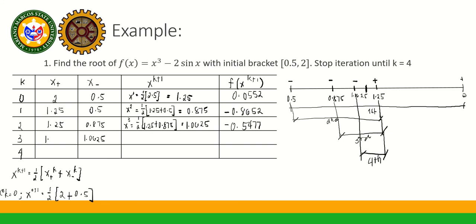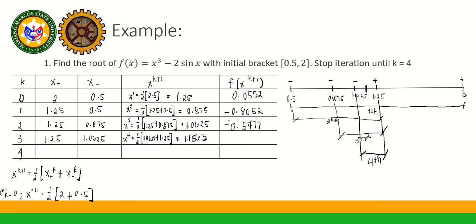And our x positive is still 1.25. So, we are going to compute for our x raised to 4, that is equal to 1 half times 1.0625 plus 1.25, this is equal to 1.1563. So, round off to 4 decimal places.